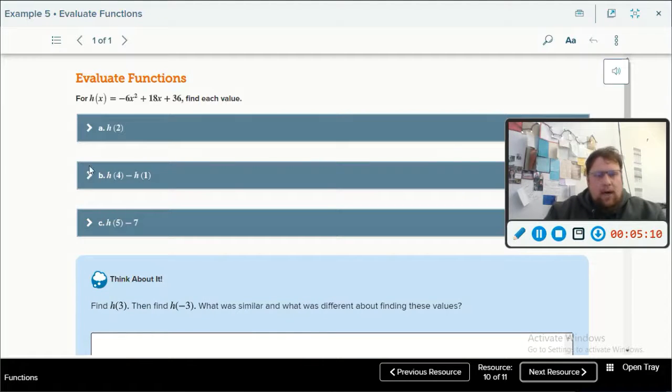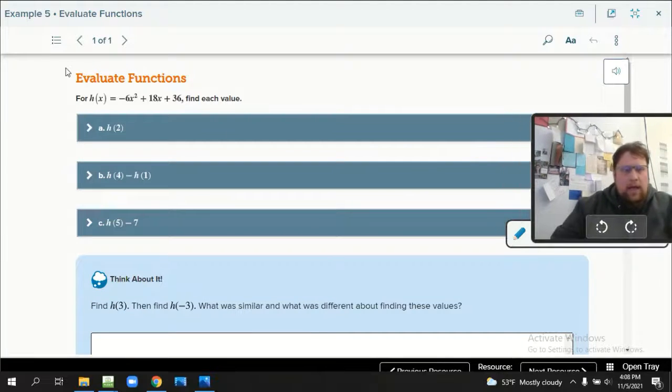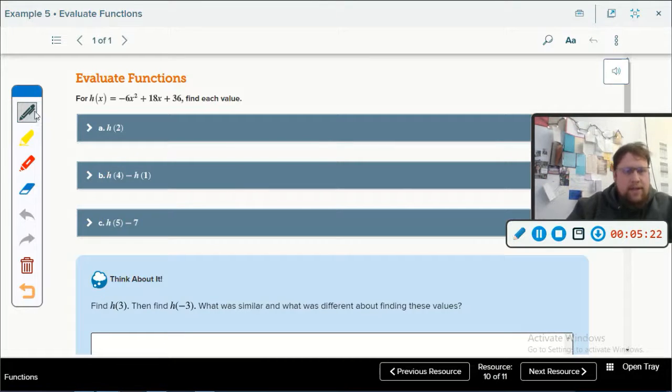I'd like all of you to take a minute, go ahead and look at h of x equals, this one's a little more challenging, negative 6x squared plus 18x plus 36. So let's go ahead and get into this. Green. So what does this equal?